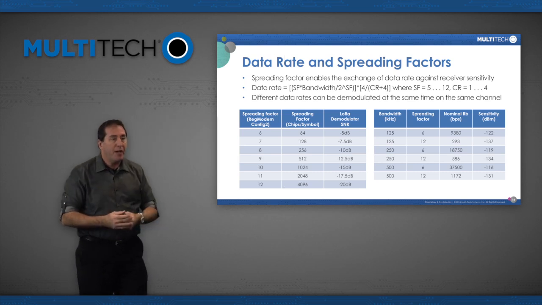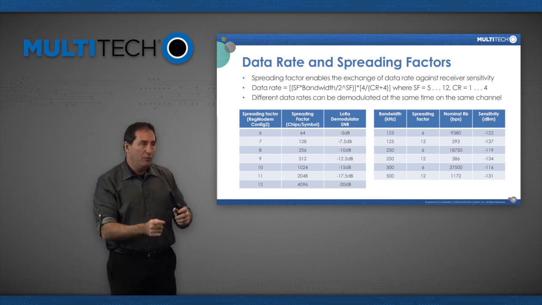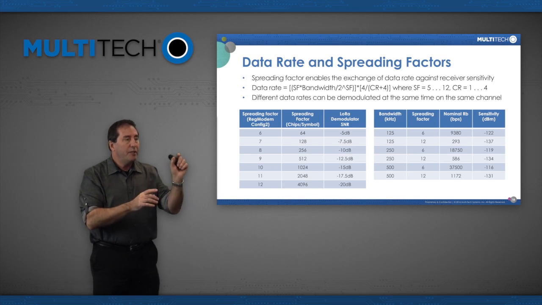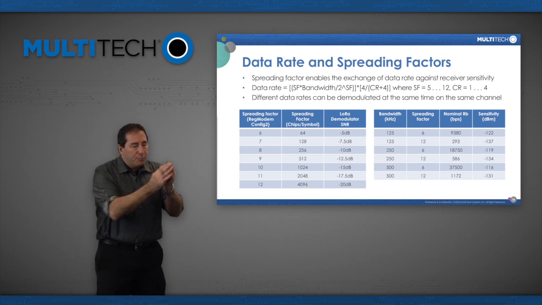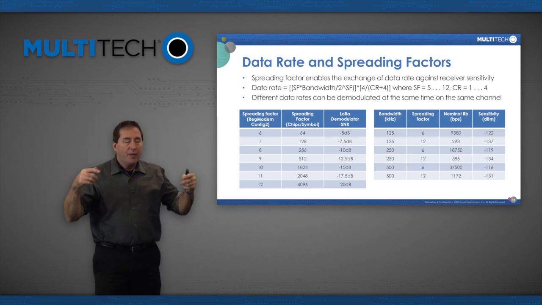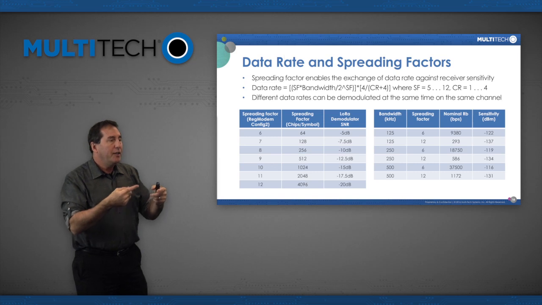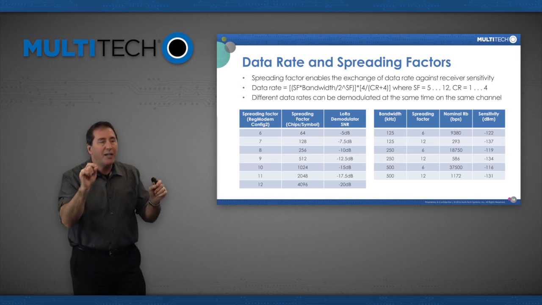Now, the spreading factor is a little different. Remember, this is a spread spectrum radio. It takes everything we call a symbol, think of it like a byte, and spreads it out over the frequency range. The spreading factor determines how many little pieces the symbol gets broken down into.